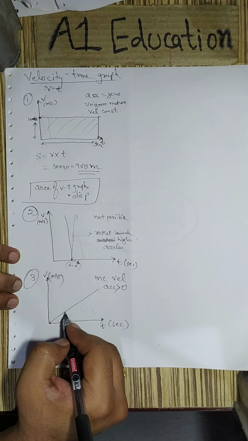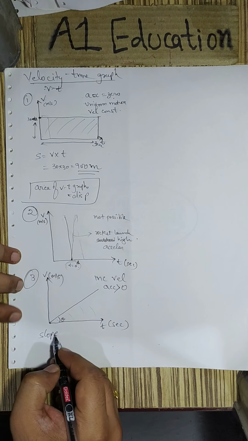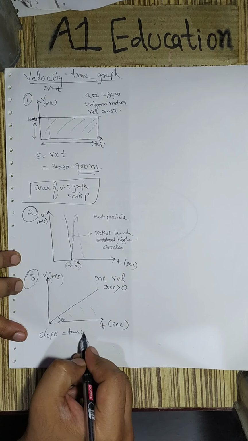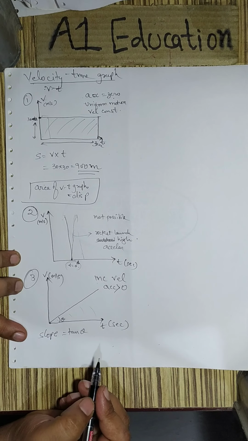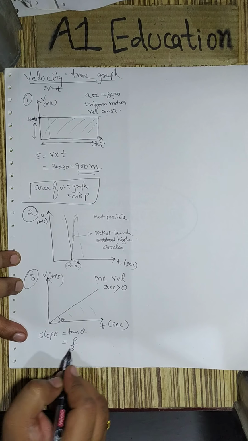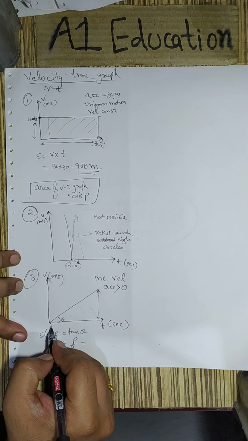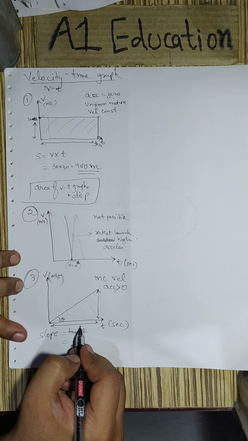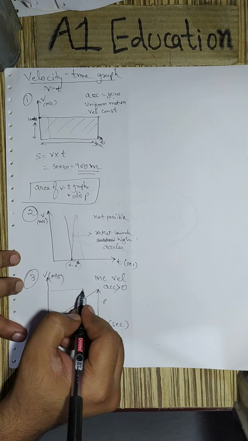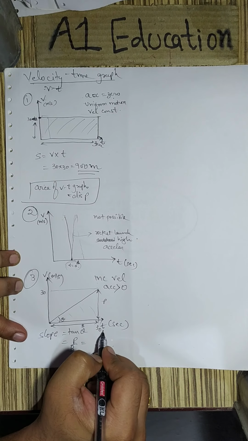Now, let us try to calculate the slope of this graph. To calculate slope, we should know theta. Then directly tan theta will give me the slope. But since I don't know tan theta, I will use the formula perpendicular upon base. Perpendicular is this value and base is this value. This is 30 seconds.